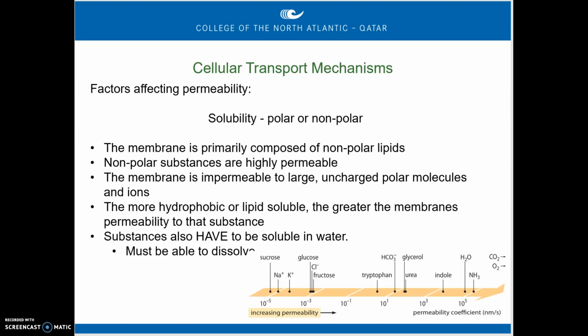Big molecules like starch, for example, are insoluble, so almost all membranes won't allow starch to pass through just by itself. So keep that in mind. It's not really worried about nonpolar or anything like that. Is a molecule soluble in water? Is it soluble in lipids? That will dictate whether or not it can pass across the plasma membrane.